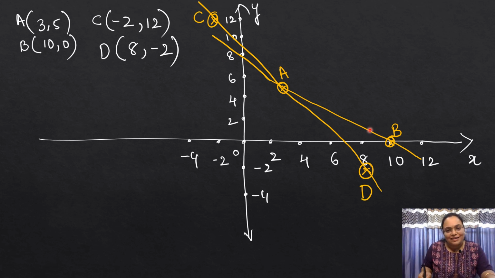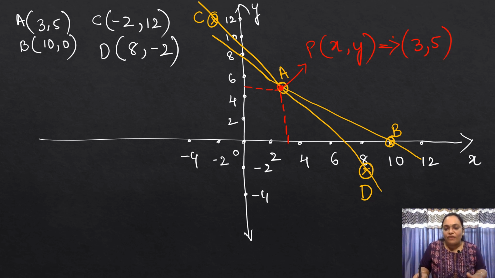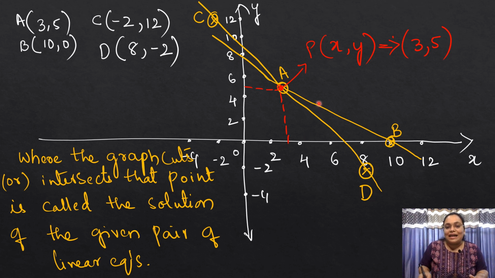Where the graph cuts, that point is the solution of the given pair of linear equations. This is the point where the graph is intersecting. Okay, this will be the solution P of x, y. 3 and 5 are the solutions of the given pair of linear equations where the graph cuts or intersects.